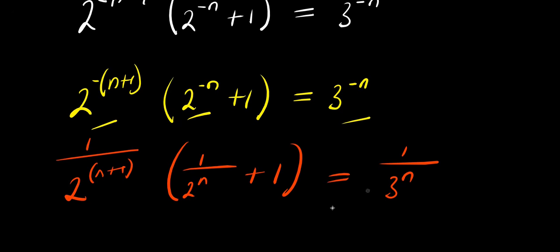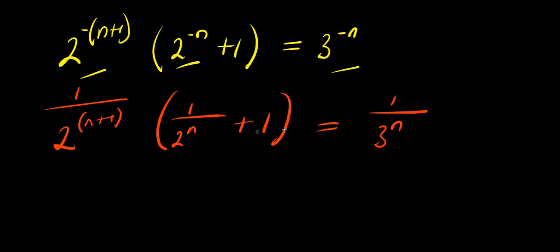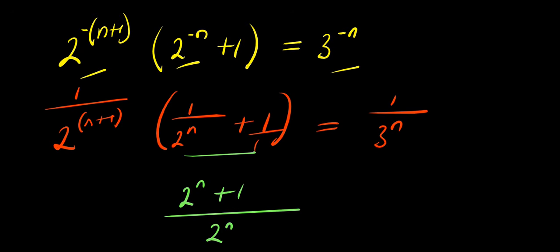Having done that, the next thing we are going to do is find the common LCM here, and the LCM here is 2^n. So 2^n divides 2^n once, 2^n times 1, and 2^n divides 1, giving 2^n. So at the numerator, we are going to have (2^n + 1) divided by 2^n in brackets.